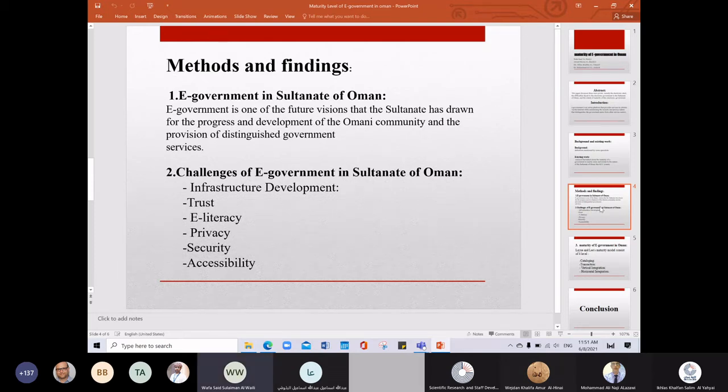And number two, manifestation development, trust and e-literacy, and it provides security. Miss, another slide.